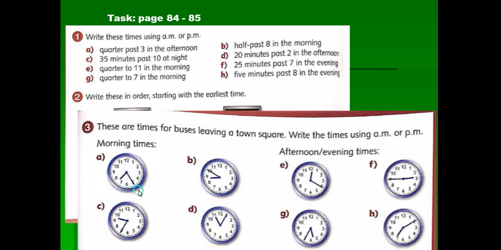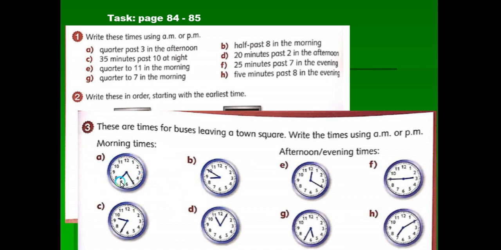Now, morning time is what? AM. Now, when it gets to afternoon, it becomes what? PM. Now, you're going to write the time and put PM in front.